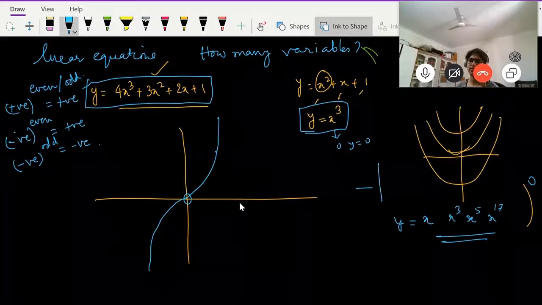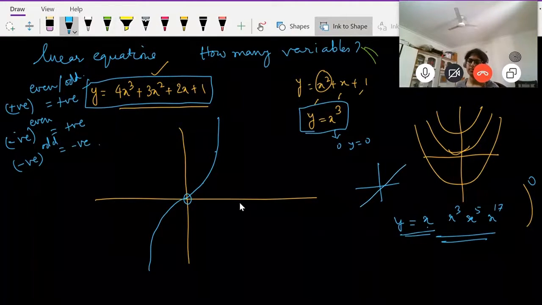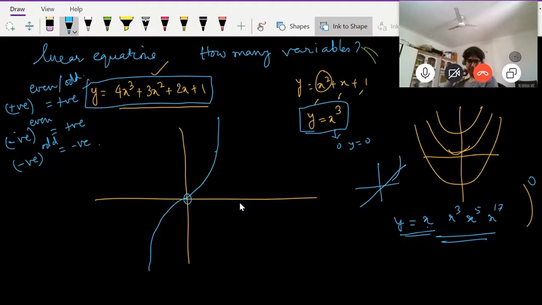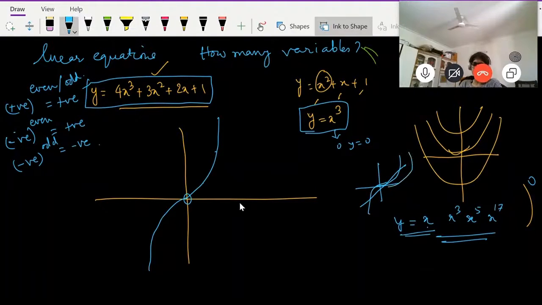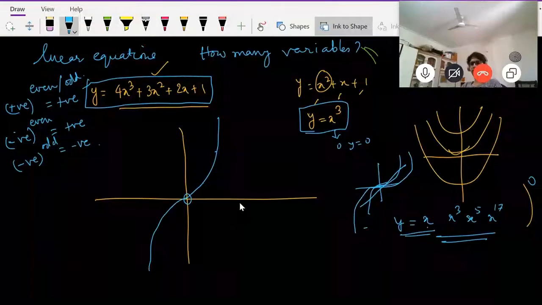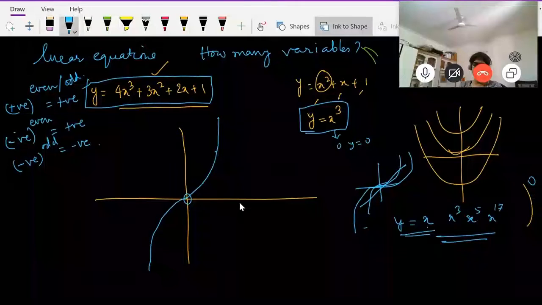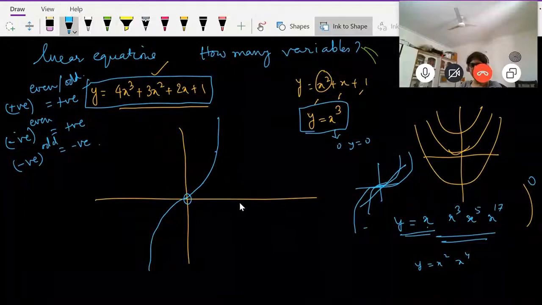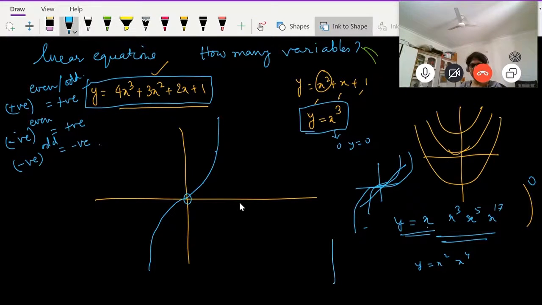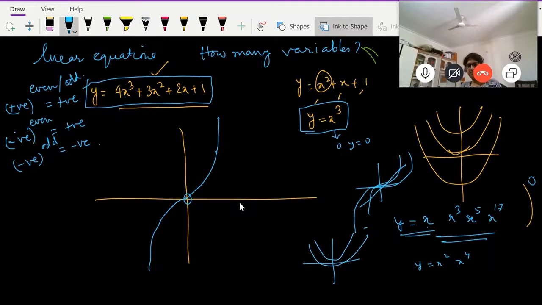When y equal to x, the curve goes like this. For x cube, the curve goes like this. For x17, the curve will go like this. On the other hand, when y is equal to x square, x4, x6, all those cases will have the curve on the positive side for both values of x, right?